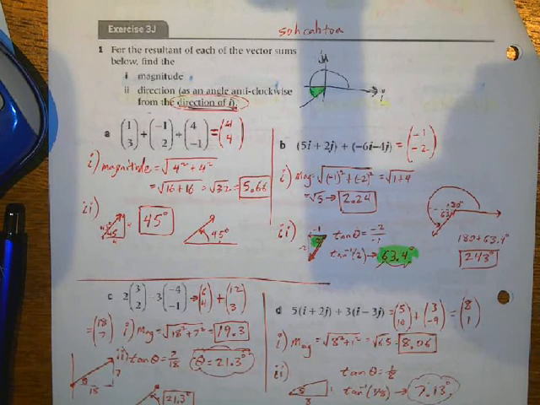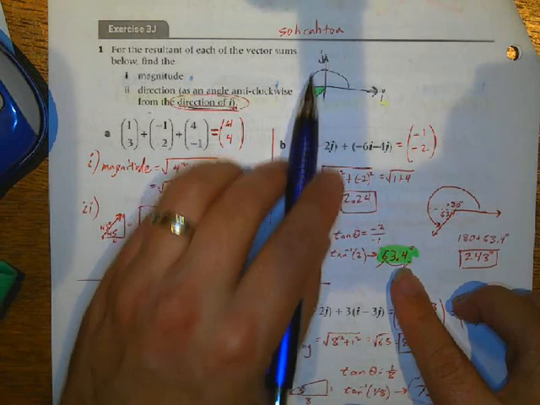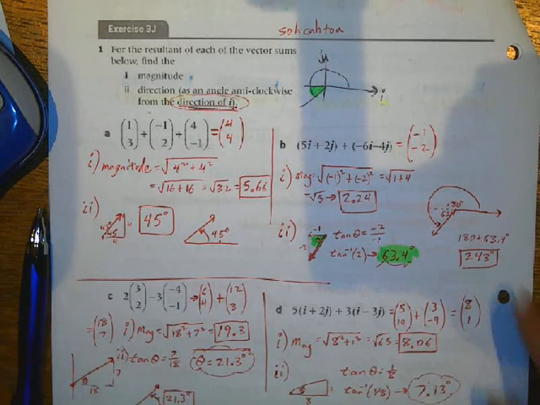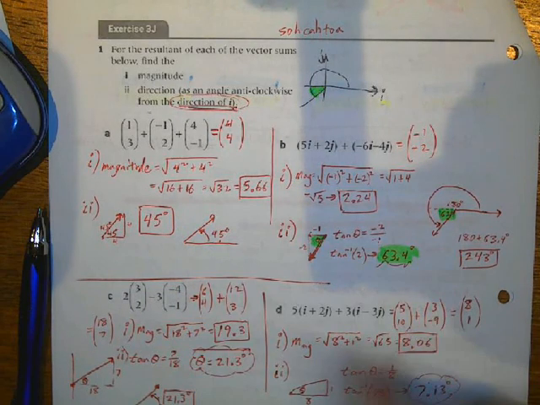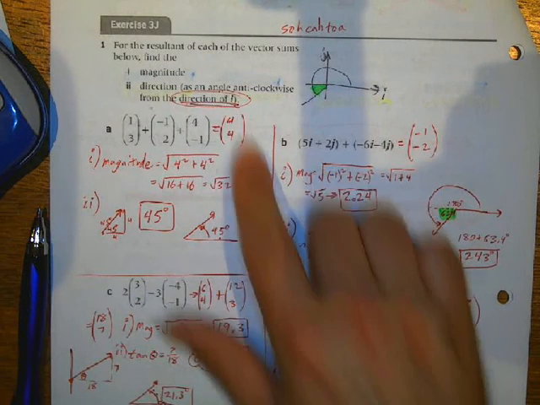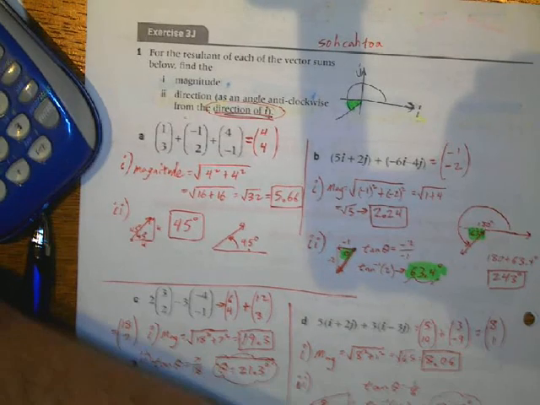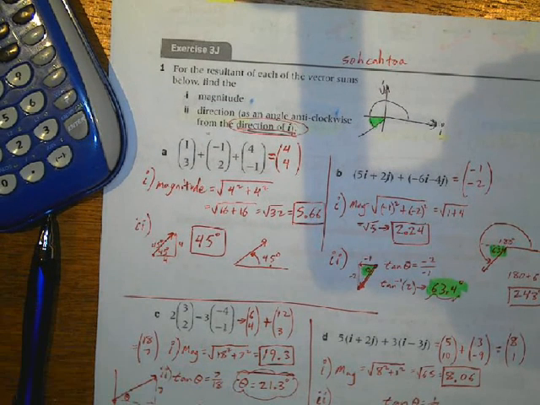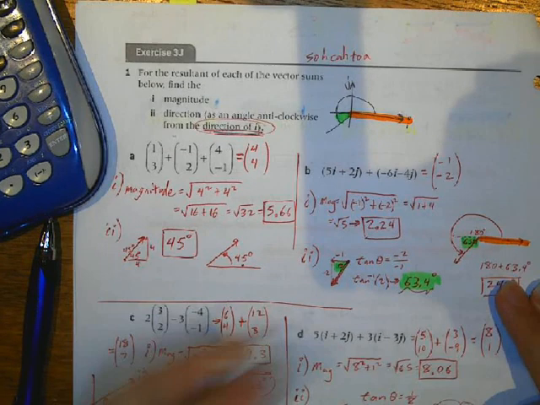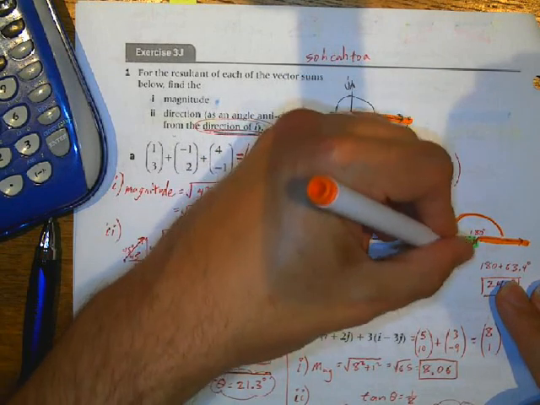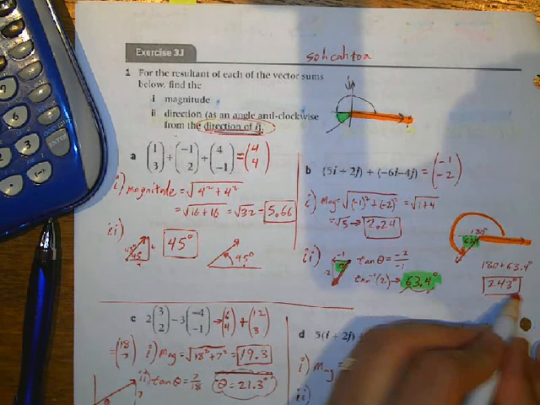Well, if this green part is 63.4, this half of the circle is 180. So to figure out the direction from I, so the direction from this orange line going all the way over here is 180 plus 63.4. That gets us this answer here.